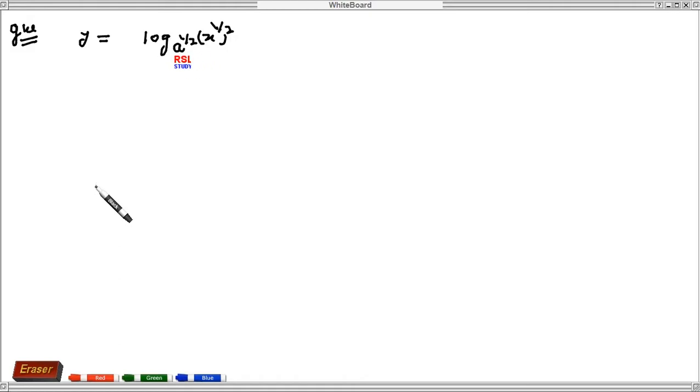Here the question is, in the base of the log there is a power 1 by 2. This is the base of the log.